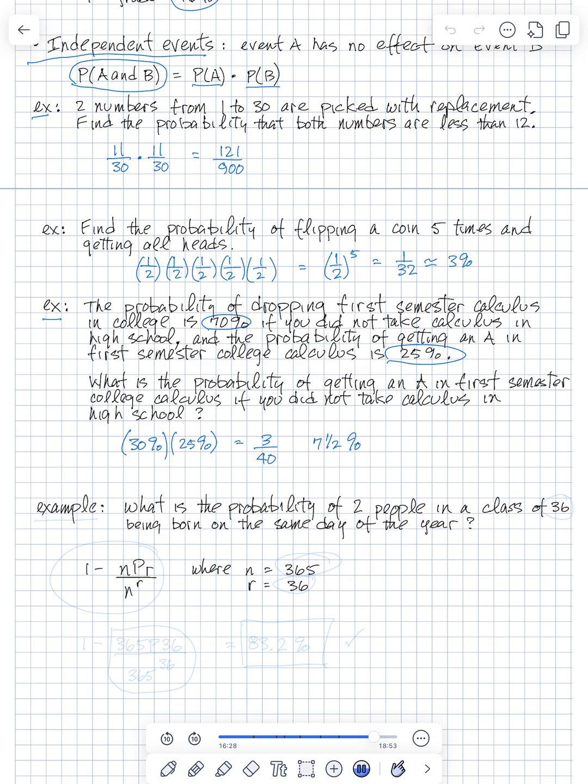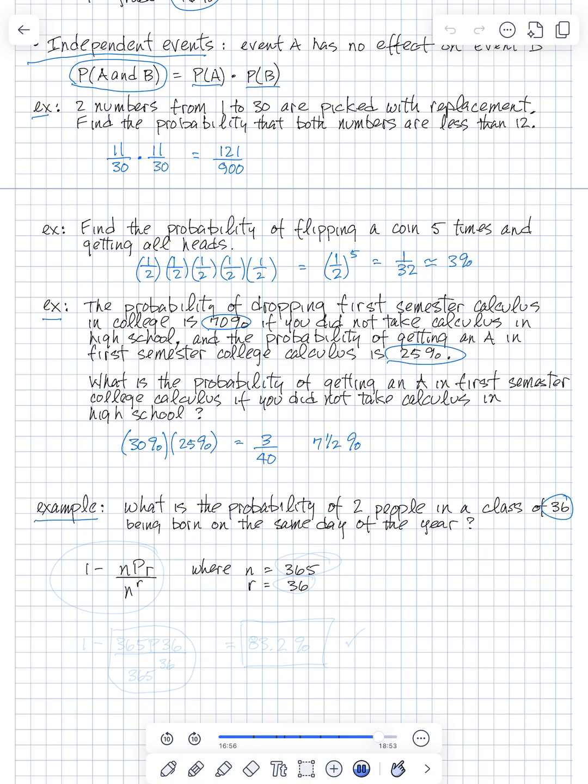All right, the last example is kind of an interesting problem. What's the probability of 2 people in a class of 36 being born on the same day of the year? It doesn't have to mean the same year, but just the same day of the year. And if you ask most people this, they go, well, 36 out of 365, probably about 10%.